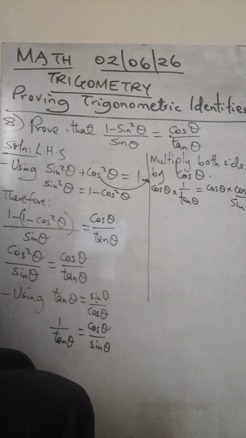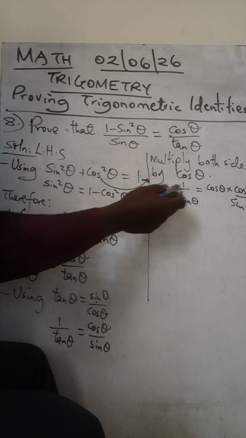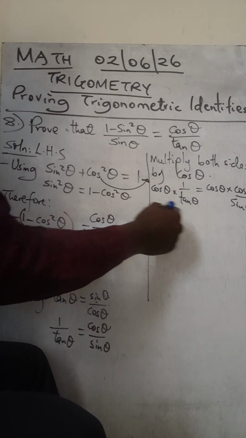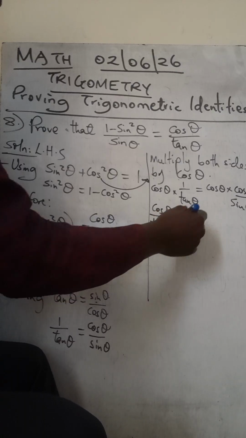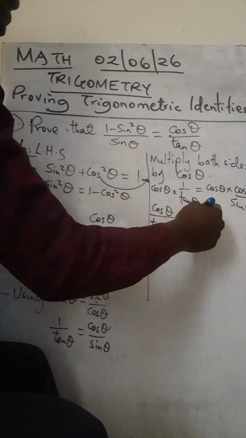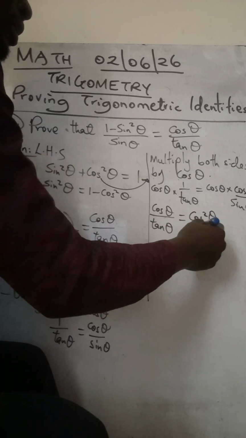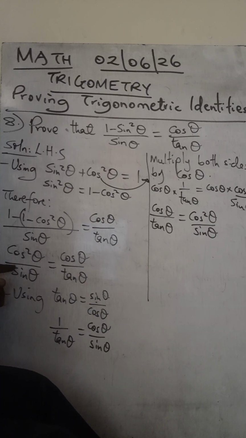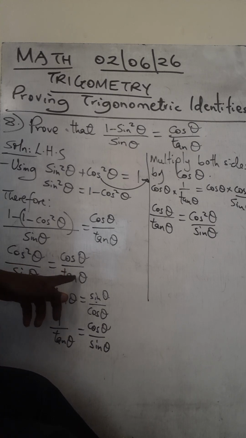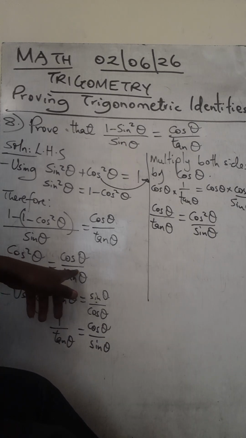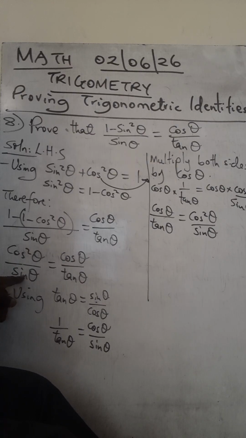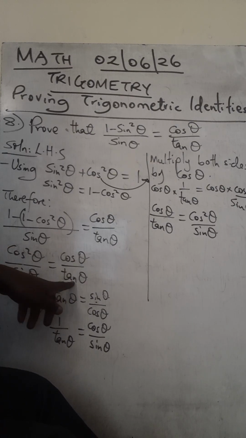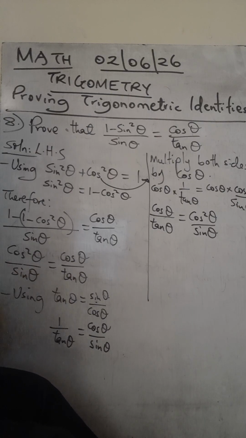I've multiplied both sides by the same thing, cosine of theta. So this one will be cosine of theta over tangent of theta equals, this times this is squared, cosine squared of theta over sine of theta. And that is definitely what we have here. This one equals this, cosine squared of theta over sine of theta equals cosine of theta divided by tangent of theta. That is also how you can prove it.